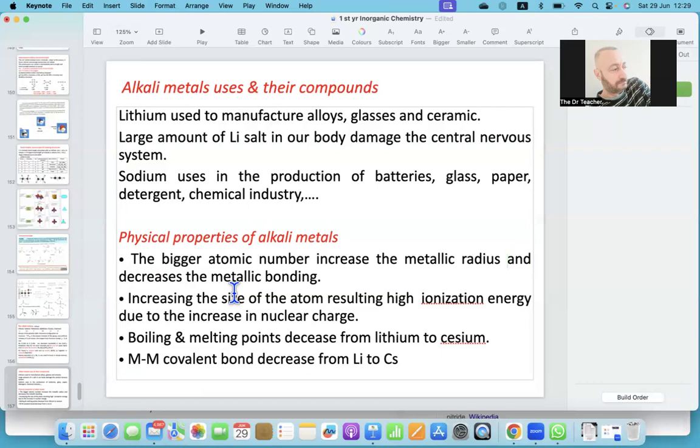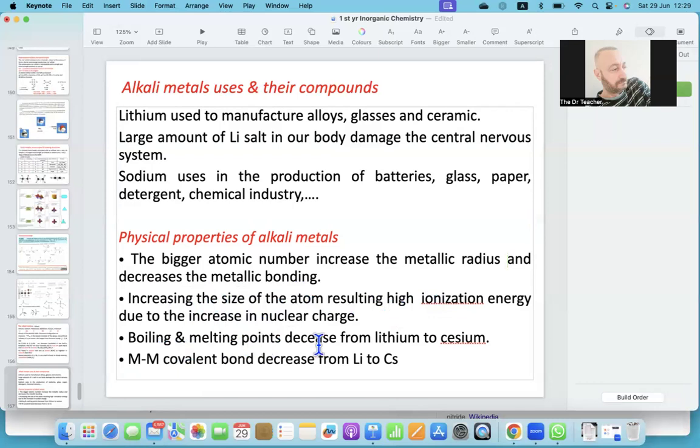Always, if the valence electrons are near the nucleus, they can make strong metallic bonding. But if the valence electrons are in higher energy levels, we can expect a decrease in the metallic bonding, increasing the size of the atom, resulting in high ionization energy due to the increase in the nuclear charge.